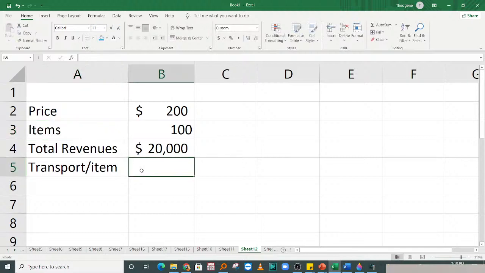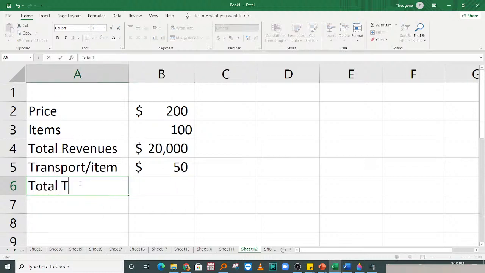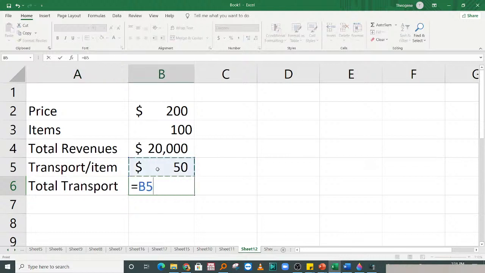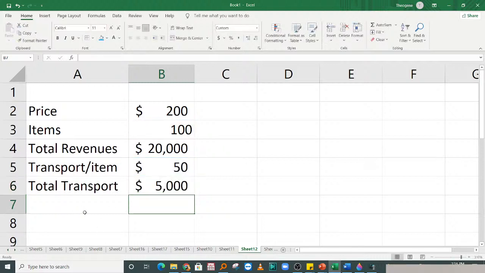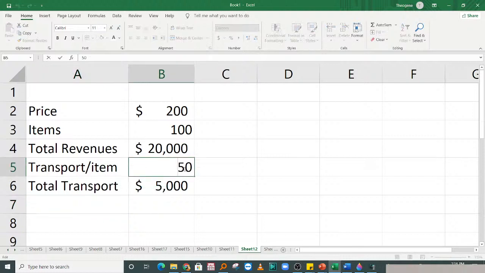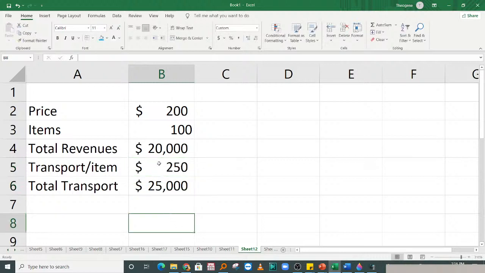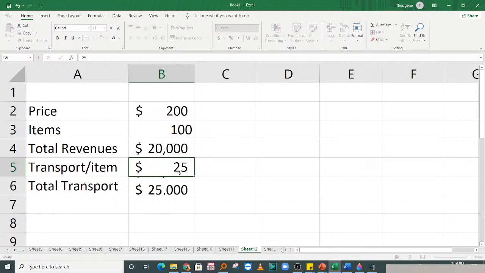The transport per item is equal to 50. It means the total transport must be calculated as 50 times the total items. Let's say, for example, it is 25, to not be too much, 25 per item.